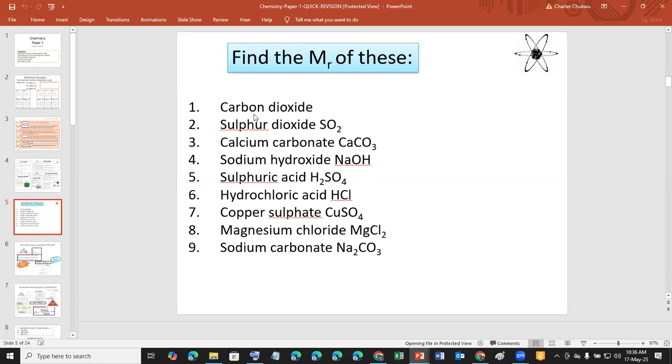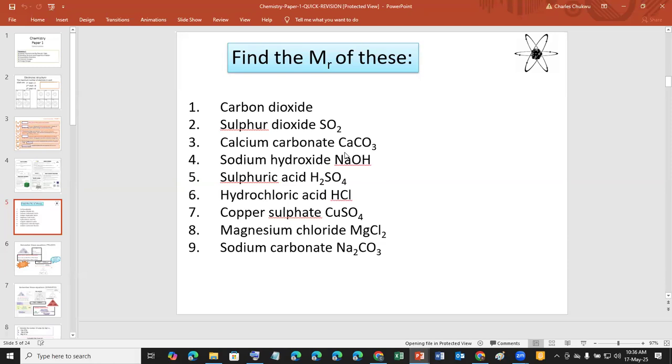The only difference is that it's carbon in front of the O2. So that's carbon dioxide, while carbon monoxide is CO. Don't forget that. Mono means one, di means two. So, sulfur dioxide, calcium carbonate.